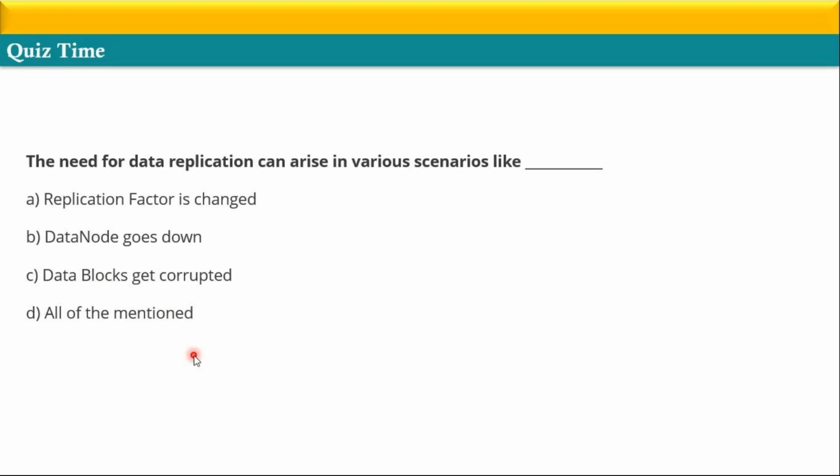Which one is the correct one? B, sir. Data node goes down, B.